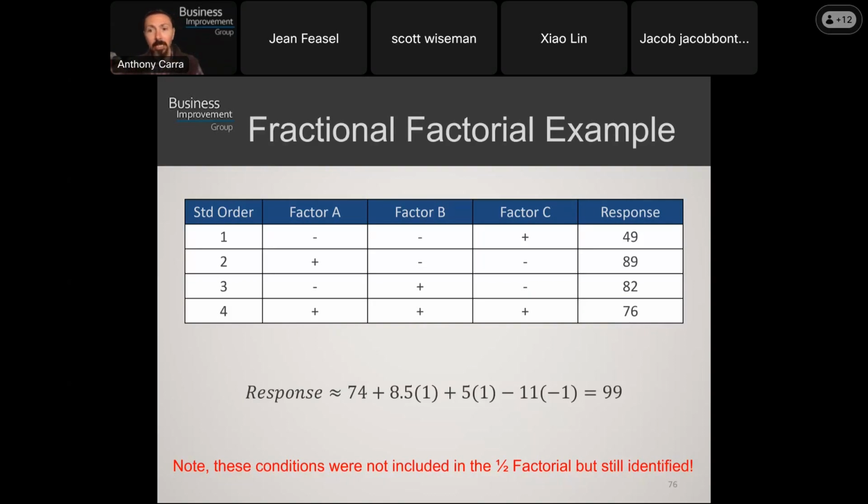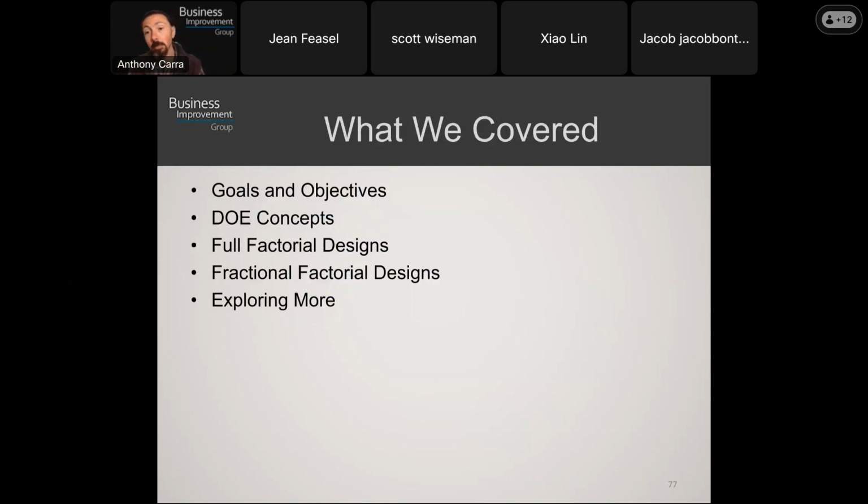Now, in my validation studies, I'll do a confirmation run at that to make sure that I do perform there. But with fewer samples, I could still get that insight as far as where my best settings might be with these significant factors. So that's the big punchline, right?